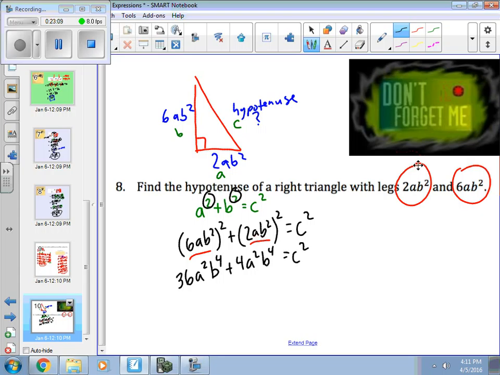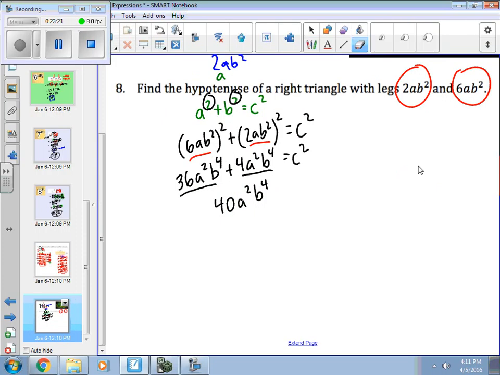All right, can we add these together? Yep, these are like terms. If we add them up, we get 40 A squared, B to the 4th. One mistake that often happens on a problem like this is that when adding, people do this and put A to the 4th, B to the 8th. No, we don't want to do that.